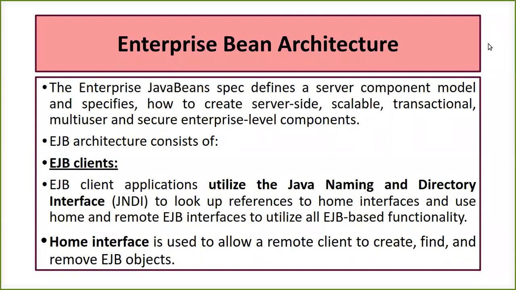The architecture for your enterprise Java Bean is also called a server component model, which specifies how you create server-side applications, how you create scalable applications, how you have transactions and multi-user support, and how you make the application you develop using EJB more secure. All these things are defined inside your architecture.